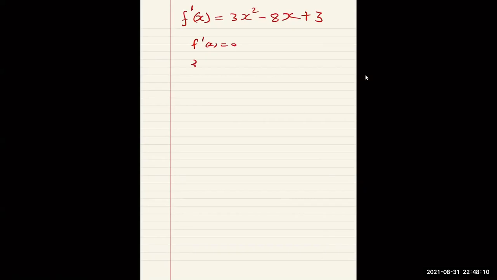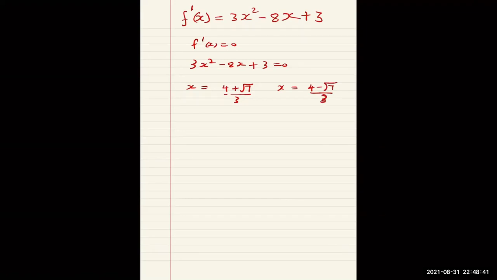That means 3x squared minus 8x plus 3 is equal to 0. This is a quadratic equation, of course. You can solve this quadratic equation using the quadratic formula. You will get these two points: 4 plus square root of 7 over 3, and the other solution is 4 minus square root of 7 over 3.